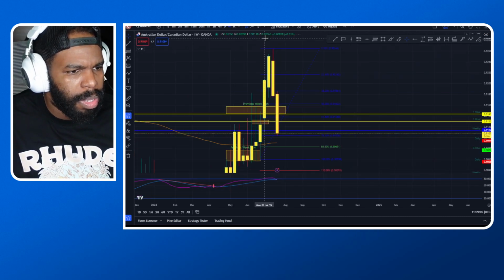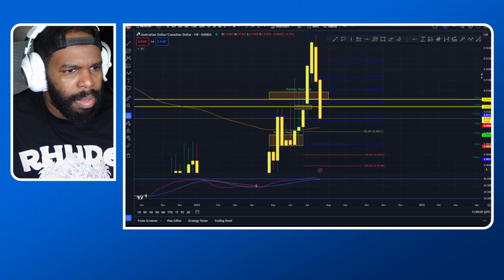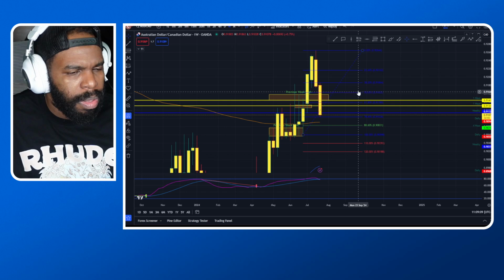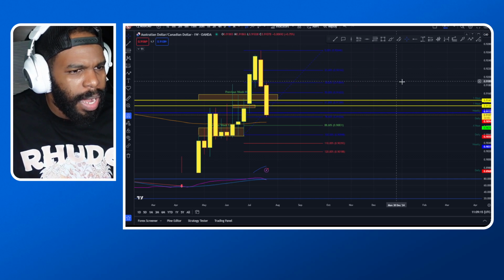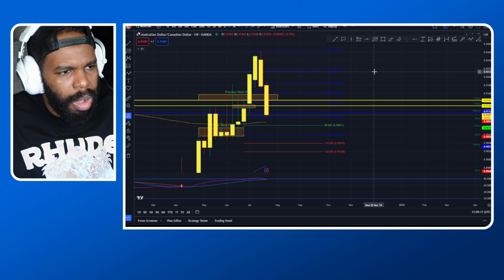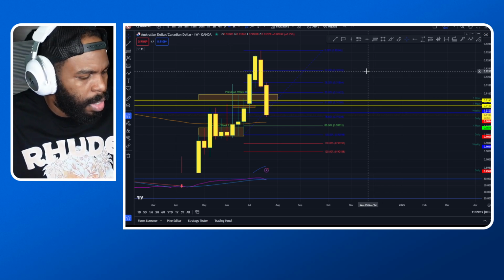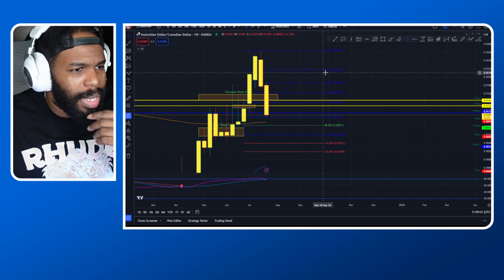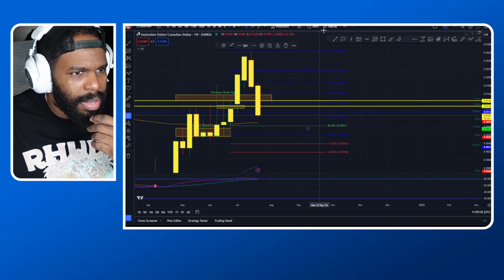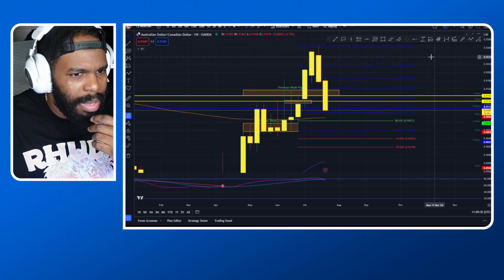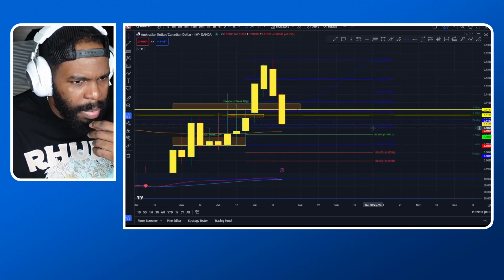Check out the weekly. Higher high, higher low. Yeah, technically, we are bullish on the weekly when it comes to AUD CAD. So what I see right now is price is at my 78.6 Fibonacci retracement level.